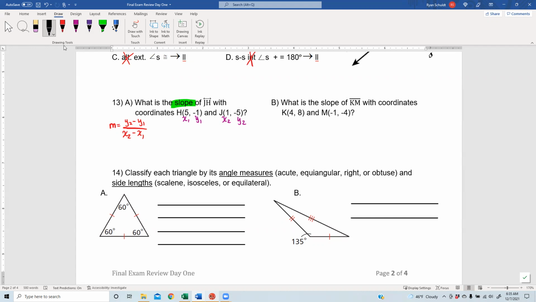So then your slope, you plug in. y2 is -5 minus -1 over 1 minus 5. So -5 minus -1 gives you -4. 1 minus 5 is again -4. -4 divided by -4 is 1. There's our slope, 1.